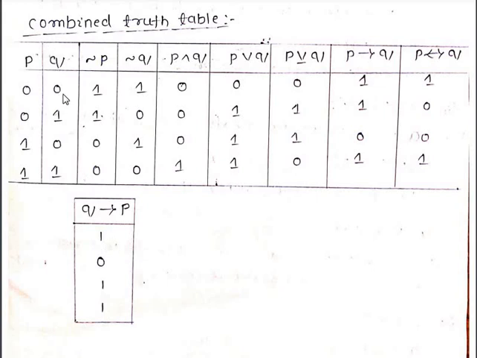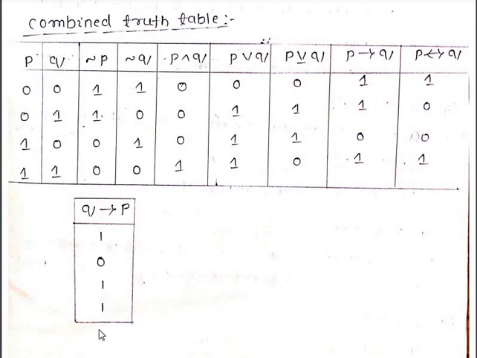Now our first proposition is Q, and the second proposition is P. So you have to check like this: 0 0, Q is 0, P is 0, it will give you 1. Q is 1, P is 0, so it is 1 0. 1 0 will give you 0. 0 1 will give you 1. 1 1 will give you 1.